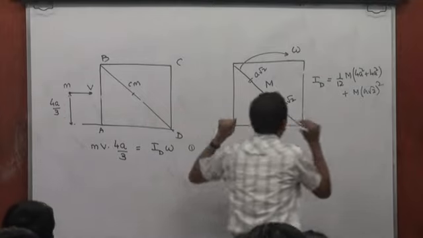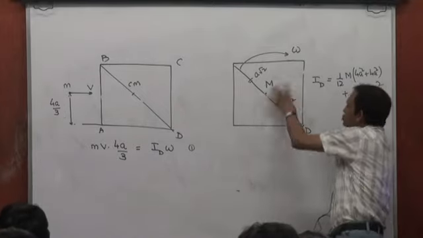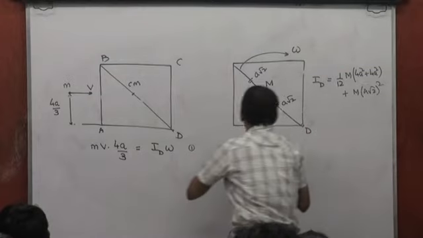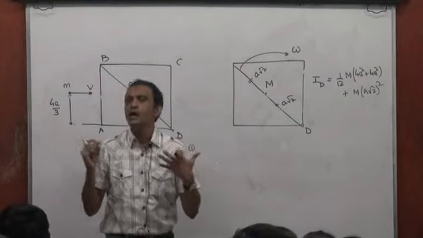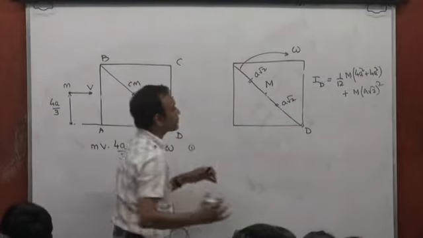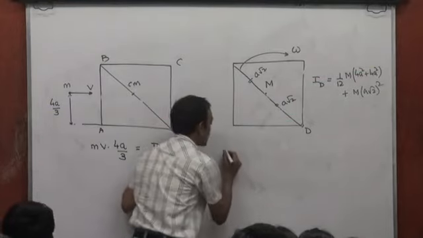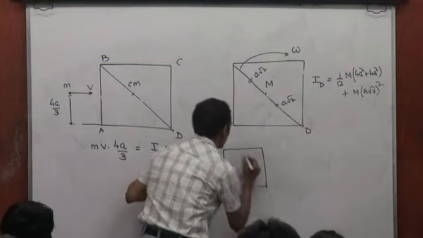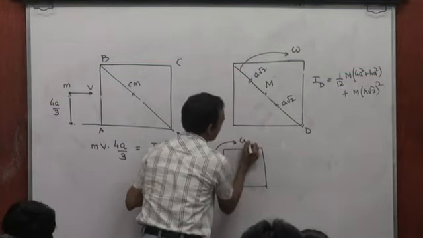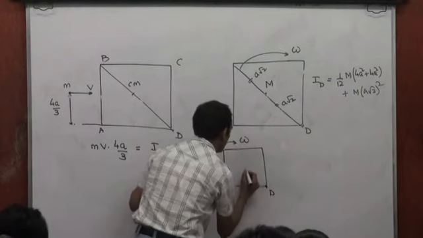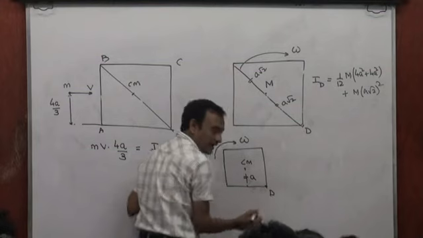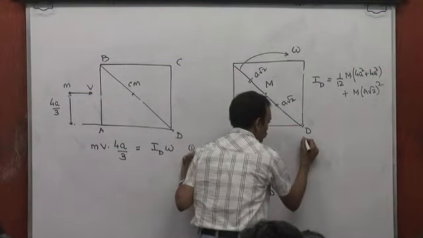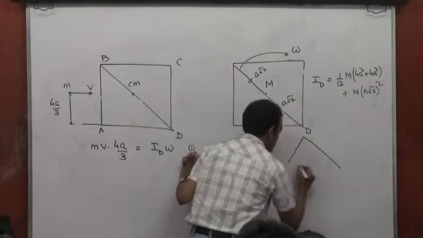But once the collision has occurred and it starts to rotate about D, there are no more dissipative forces, and energy can then be conserved. So starting from this state where it started to swivel with an angular velocity omega about D, the center of mass is at a height a.